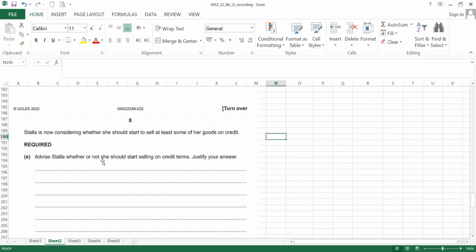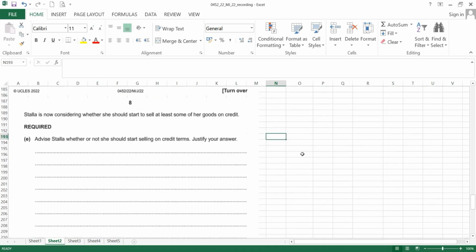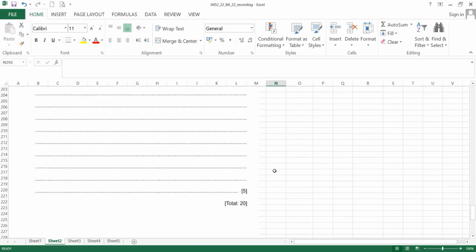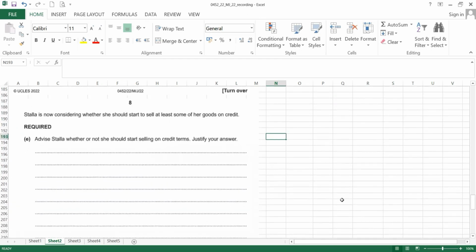Advise Stella whether or not she should start selling on credit, justified. So personally, I think she should, because not all people can buy on cash. But there's a risk as well. Let's see how many marks they give. 5 marks. Okay. We talk about the support first.